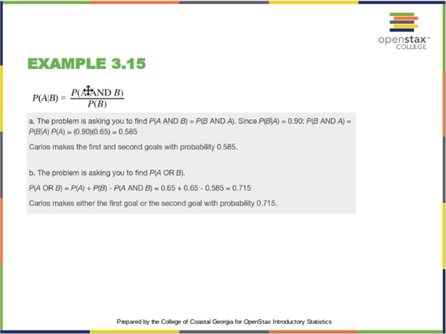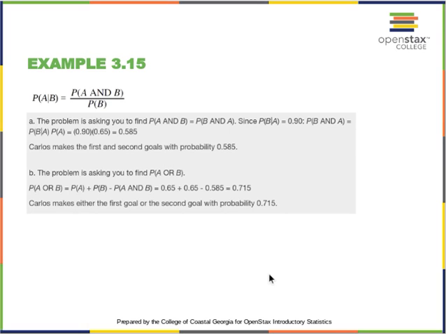This is all just algebra of the same thing, and if we want to find probability of B given A, we just switch the B's and the A's all around. And that's going to give us 0.585. He makes the first and second goal with the probability of 0.585.